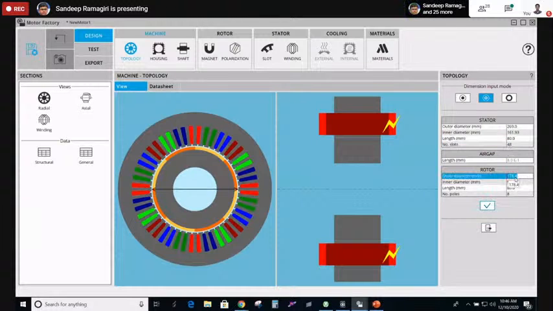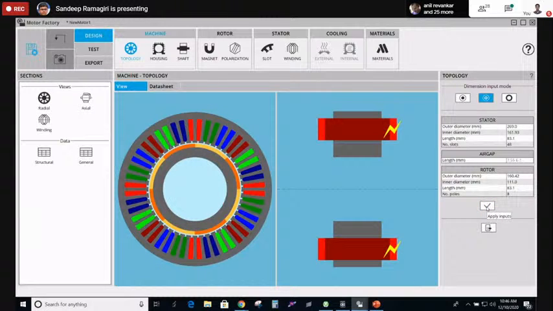Similarly, I need to enter the values for the rotor. It's 160.42, and then the inner diameter is 111, and then the length, which is around 83.1. I just need to correct this one, 83.1. Then it's an 8-pole machine. I just click, and it will size accordingly, and I have entered the structural data, that is the topology.